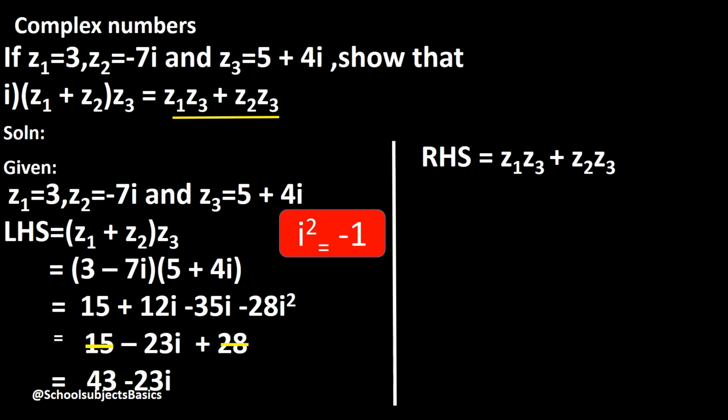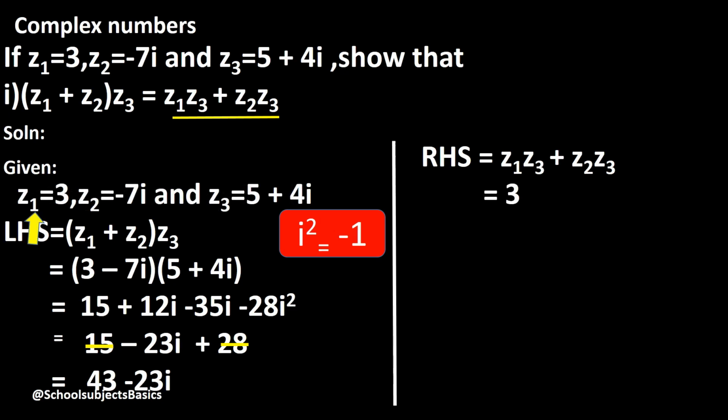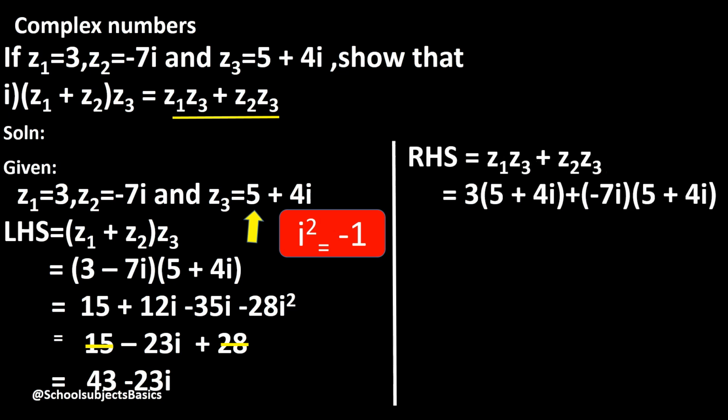The value of z1 is 3, so it is written as 3. z3 is 5 plus 4i, so it is written inside the bracket since two terms are there, into (5 plus 4i). Then addition, and the next one is minus 7i, so it is written as plus (minus 7i). Then the value of z3 is 5 plus 4i, written inside the bracket.